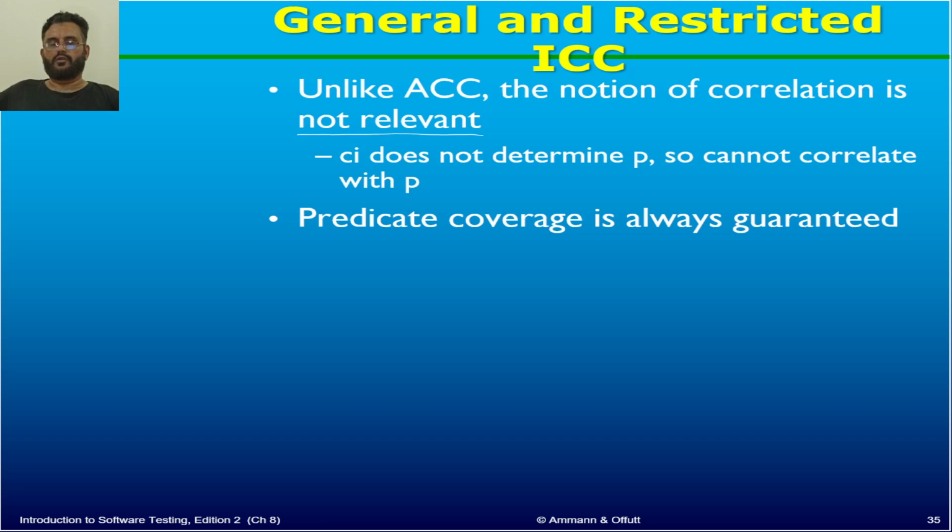But in this case, since the major clause is not determining the value of the predicate, the correlation is not actually possible. But since we are talking about the predicate values, we also consider the true case and we also consider the false case. Therefore, we can always achieve predicate coverage when we are talking about inactive clause coverage.